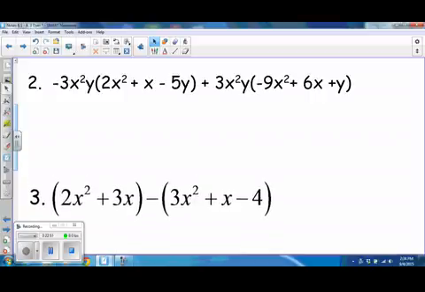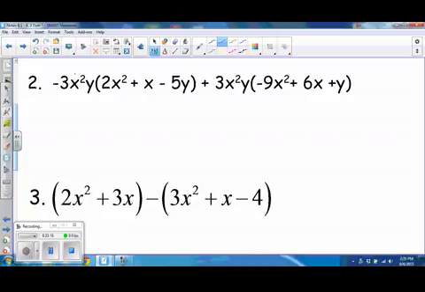I'll make them a little bit bigger to help you see. So, the first thing I need to do, Chris, what do I need to do here? Distribute the negative 3x squared y. So I need to multiply all three terms by negative 3x squared y.